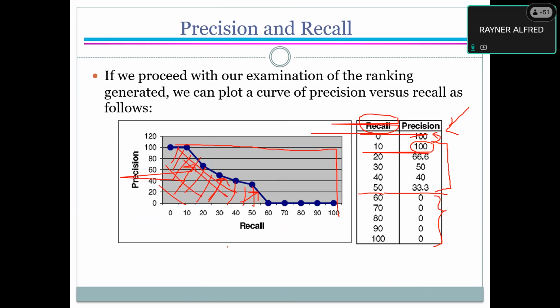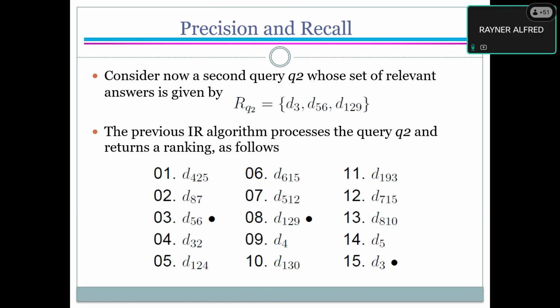Okay, let's take a look at another example here. Okay, how many documents we have? With respect to query number 2, relevant document only 3, right? So when we test our IR system, and they give us this, what is the P and R?